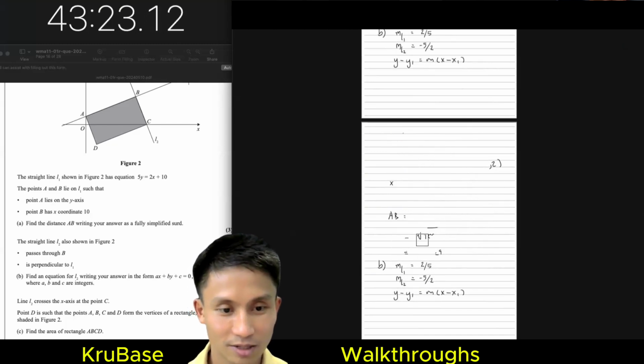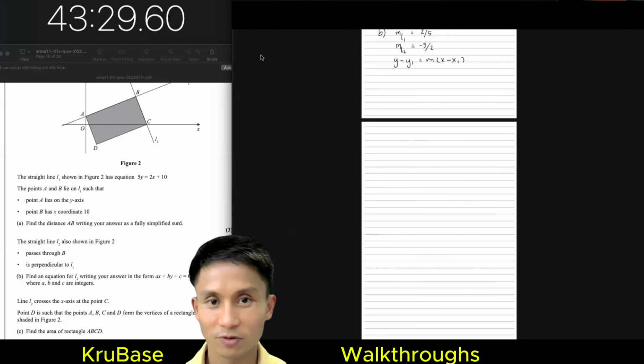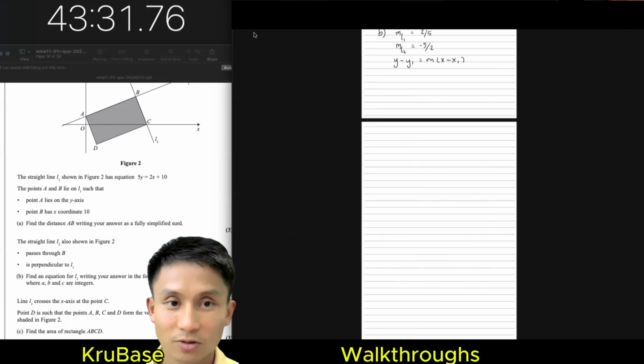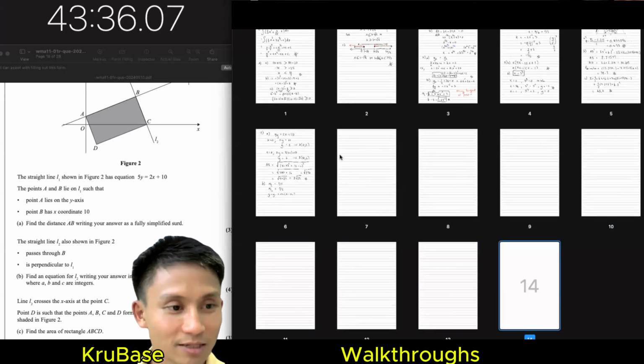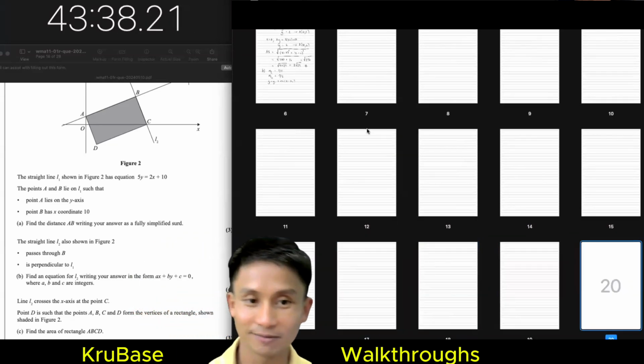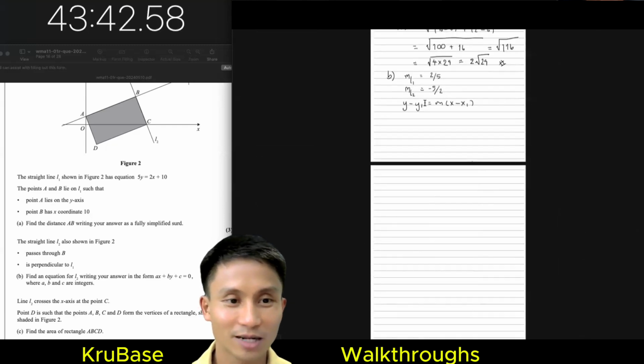Just wait a bit. I have to delete here, and then I'm going to duplicate all the pages for future use. So let's copy that page and make plenty of pages so that I don't have to do that again. Yeah, well, that's too many now. Okay. All right, go back to that question.